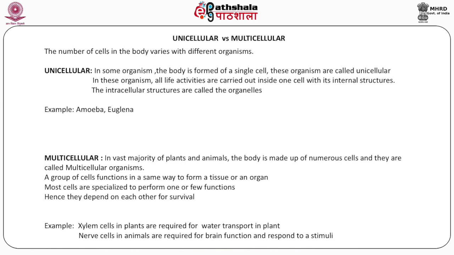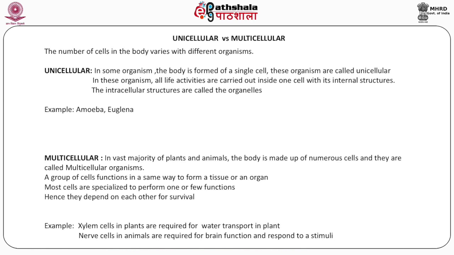Now what are multicellular organisms? In the vast majority of plants and animals, the body is made up of numerous cells and they are called multicellular organisms. A group of cells functions in the same way to form a tissue or an organ.